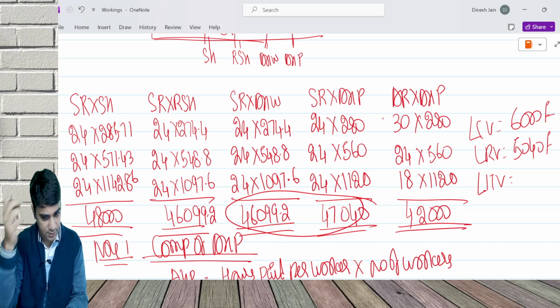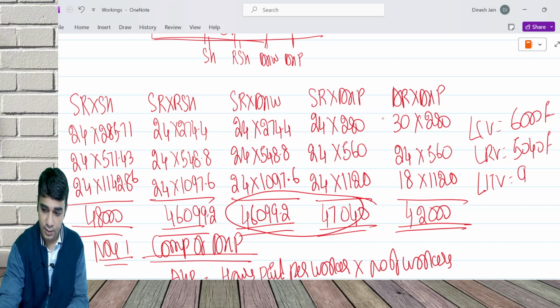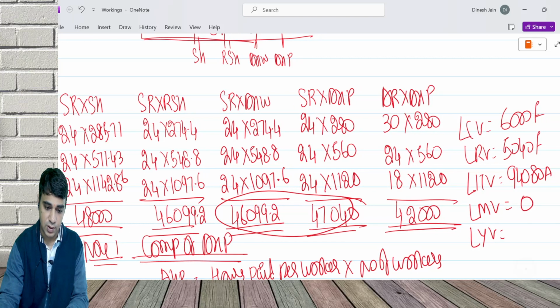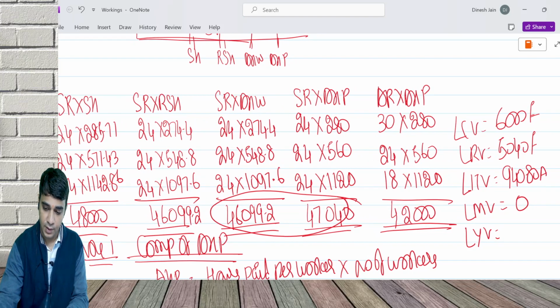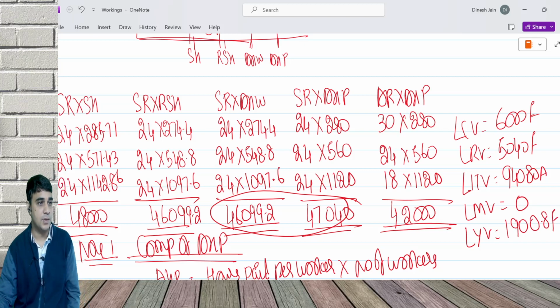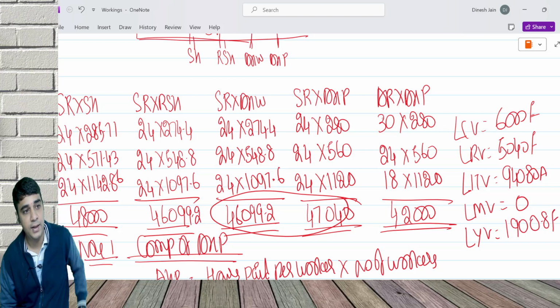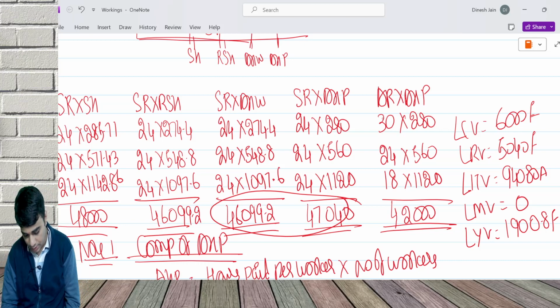How much is the difference? 940.8 adverse, mix is 0, yield is 48,000 minus 46,099, which is 1900.8 favorable. Any doubts on this? I'm not explaining the variance computation in detail.